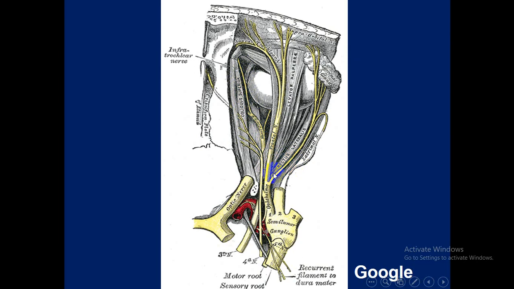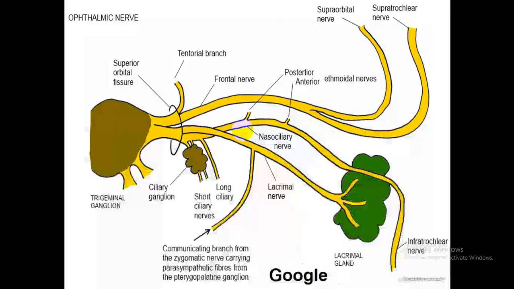Then it runs anteromedially above the optic nerve and below the superior rectus and superior oblique muscles. Then this nerve divides into 5 branches. Number 1 is the communicating sensory branch to the ciliary ganglion. We know that sensory fibers to the ciliary ganglion come from the nasociliary, which is from the ophthalmic division. So number 1, the nasociliary gives me a communicating sensory branch to the ciliary ganglion.